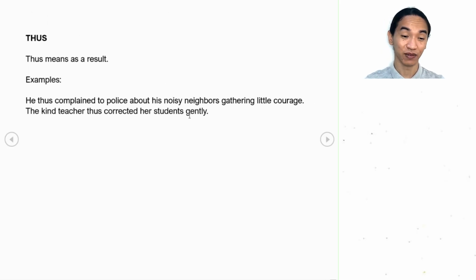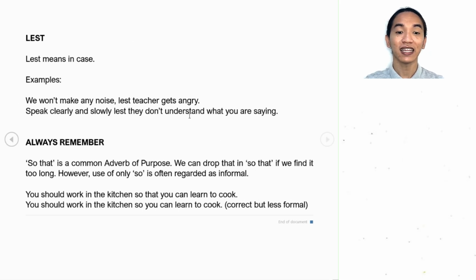Okay. Next, we have thus. Thus means as a result. He thus complained to the police about his noisy neighbors, getting little courage. So he, as a result, complained to the police about the noisy neighbors. The kind teacher thus corrected her students because the teacher is kind. As a result, she corrected her students gently. And next, lest.